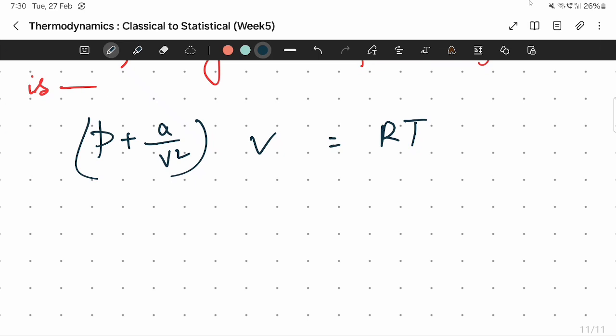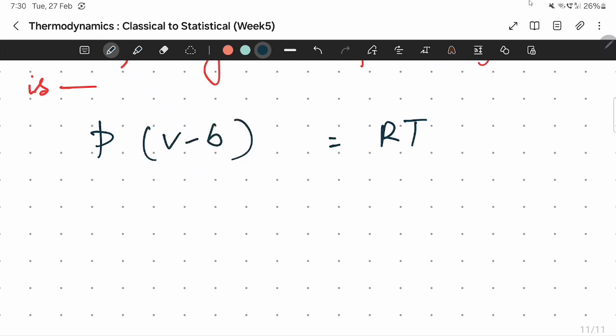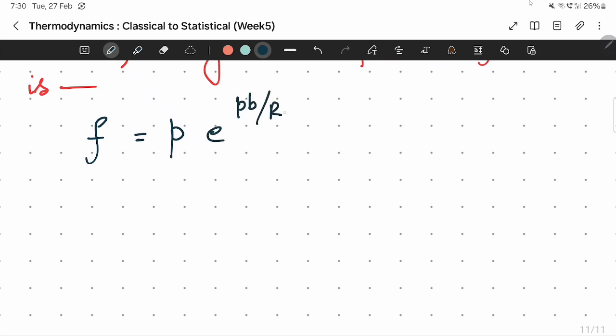If you remember the overall derivation, only with this form is there a final expression of fugacity. So for a numerical problem you always have to use that form: fugacity f equals P into e to the power PB/RT, where P is the pressure and f is the fugacity. Now just using this formula, you can solve it directly.